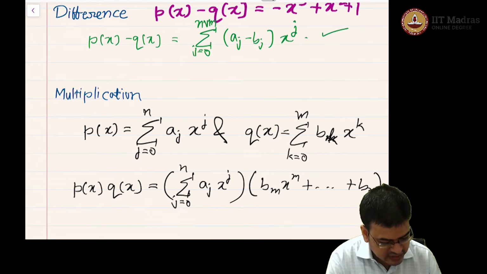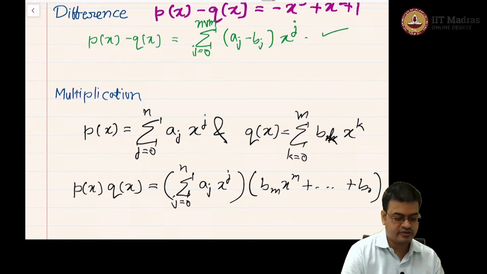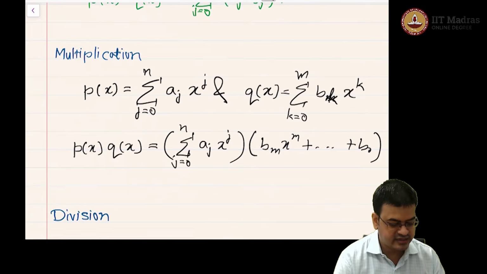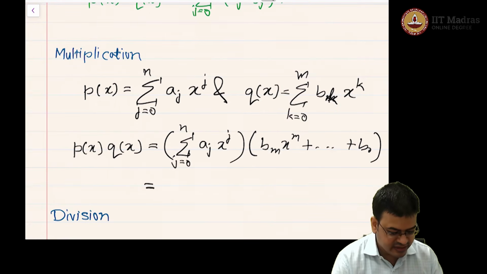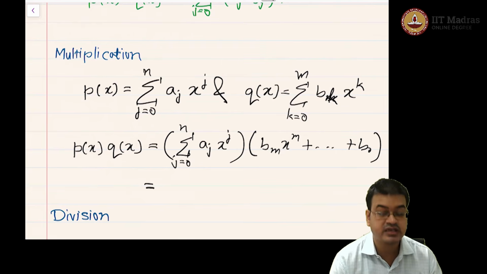So this entire summation is multiplied with each of the terms and then we will rearrange the terms, and when we rearrange the terms you will get the coefficients of the form x raised to j plus m, x raised to j plus m minus 1.